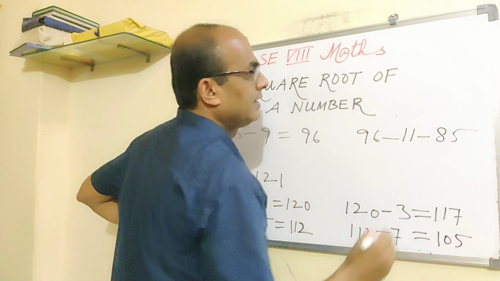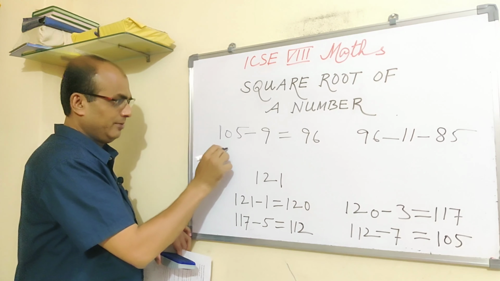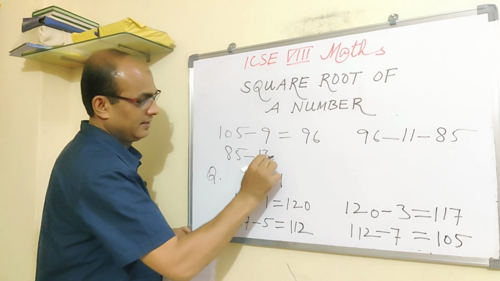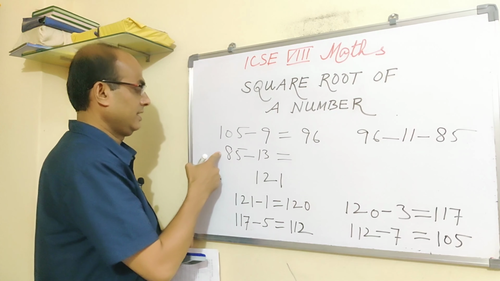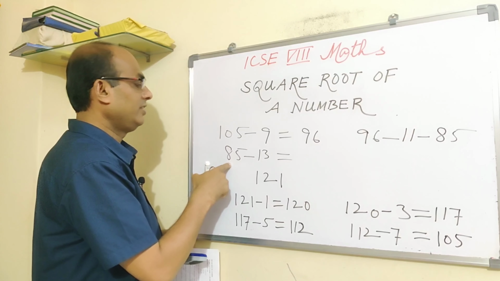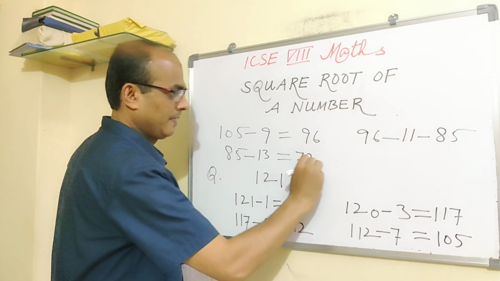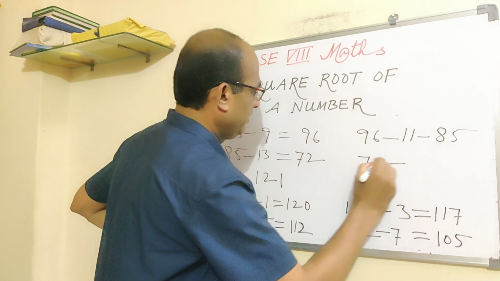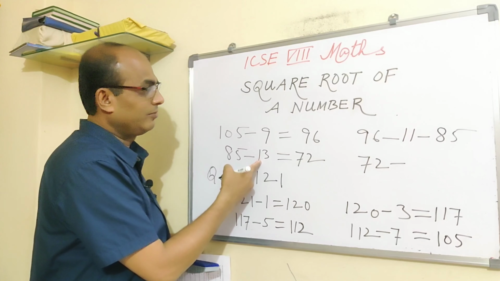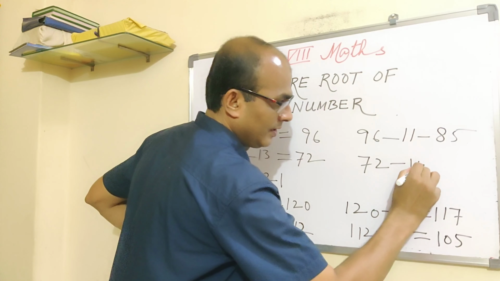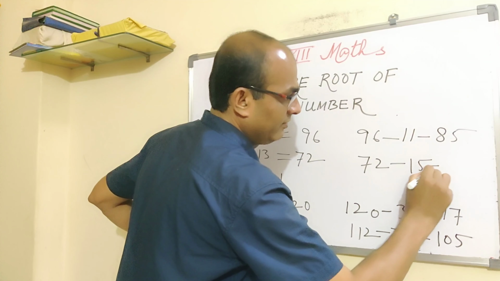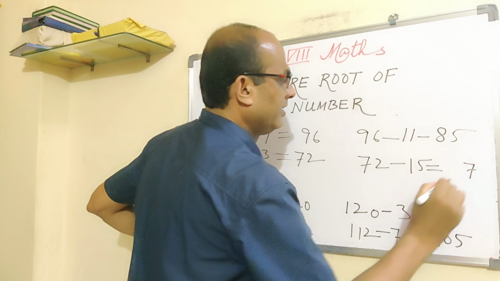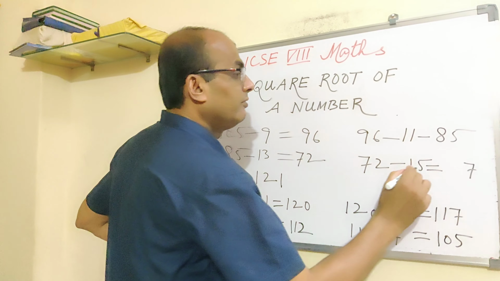Am I right? 85. Now from 85 we subtract 13 and get how much? 72. Is it 72? Now from 72, we subtract next odd number, 15, and then we are getting 57.